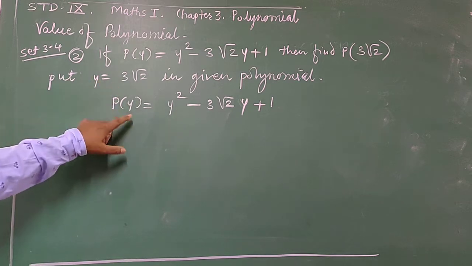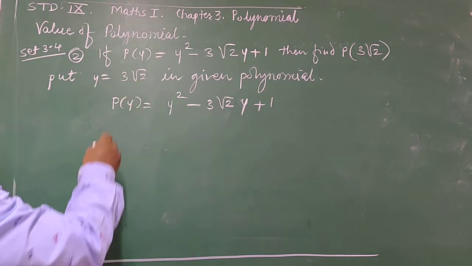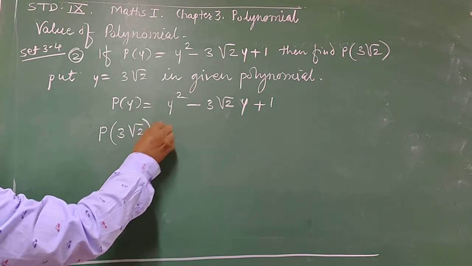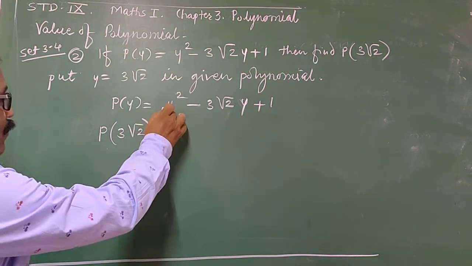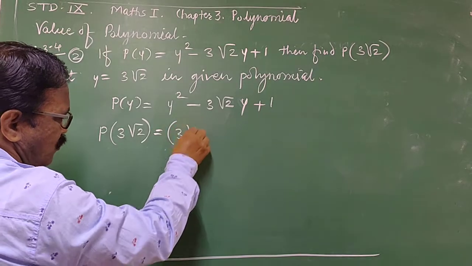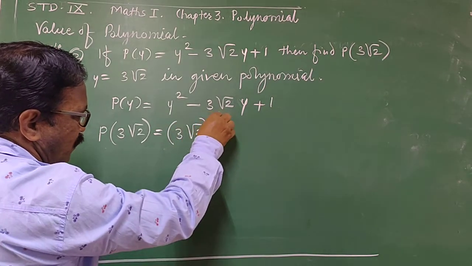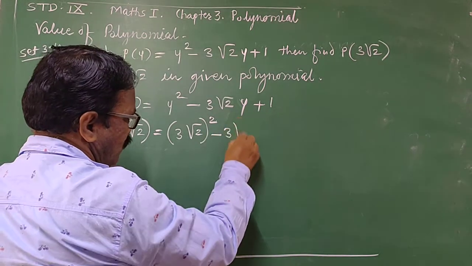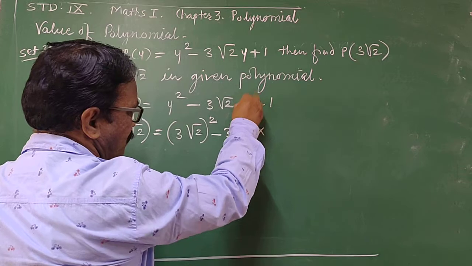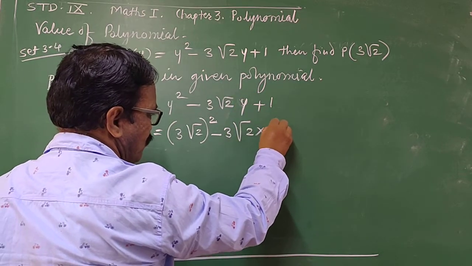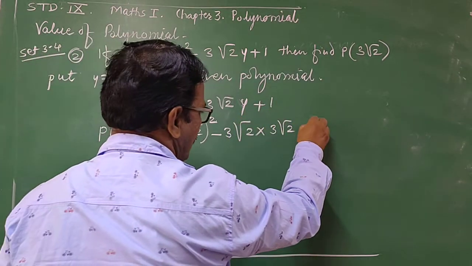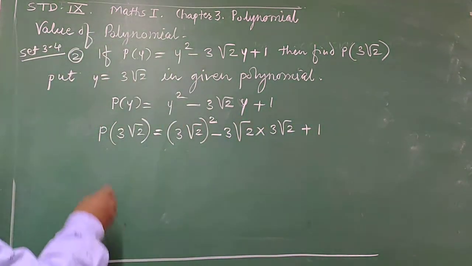Put value of y 3 root 2. So p(3 root 2) is (3 root 2) square, minus 3 root 2 and value of this y, that is also 3 root 2, and remaining is plus 1, like this.